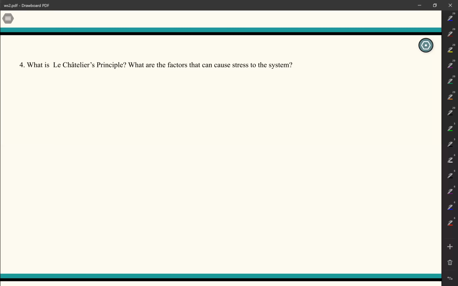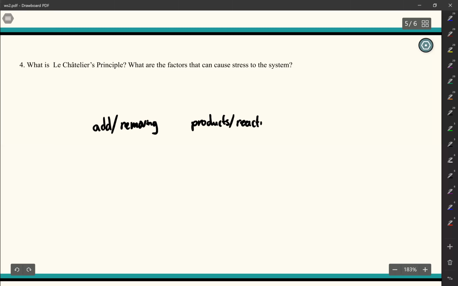So ways that we can perturb this or cause stress for the system would be adding or removing products or reactants. This is the same concept that I used in question 3.